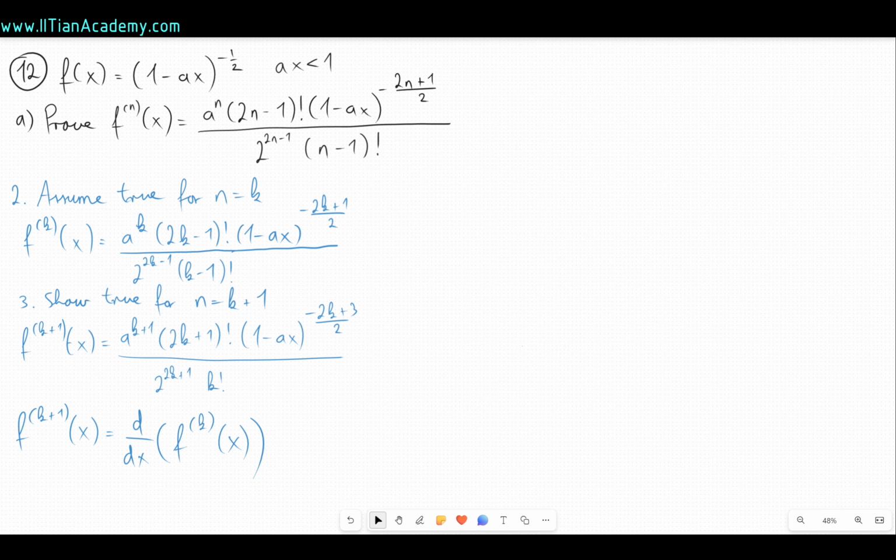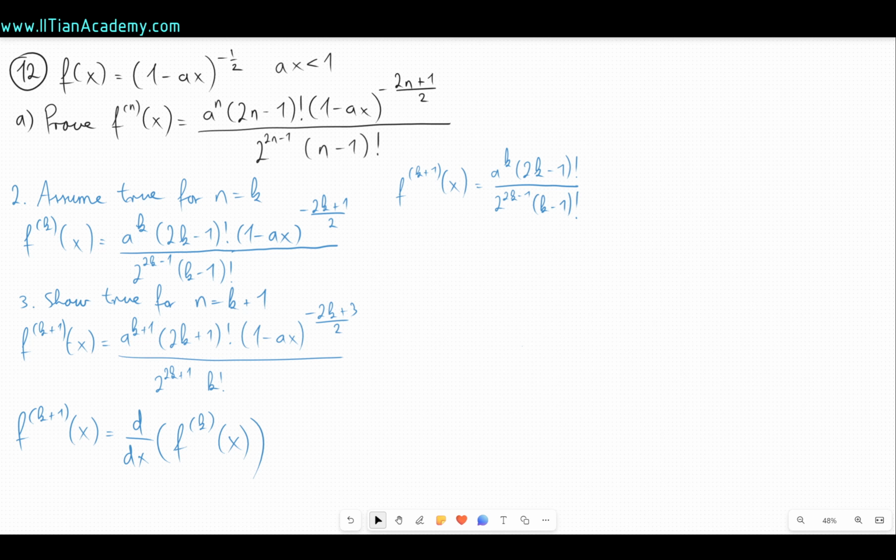So f of k plus 1 in the place of x will be equal to a to the k times 2k minus 1 factorial divided by 2 to the 2k minus 1 times k minus 1 factorial.